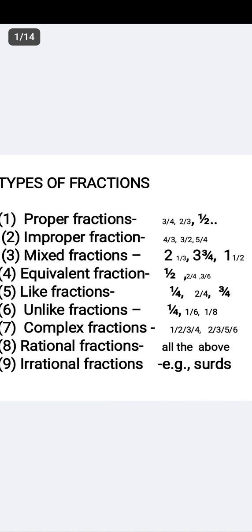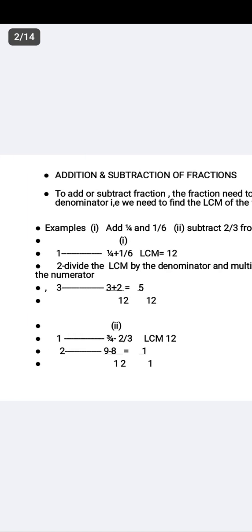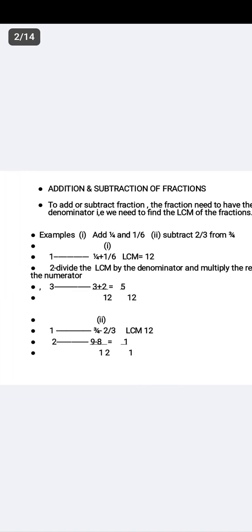Now we proceed. We are going to take a look at how addition and subtraction of fractions are done. It's a simple logic. To add or subtract fractions, first of all, find the common denominator.